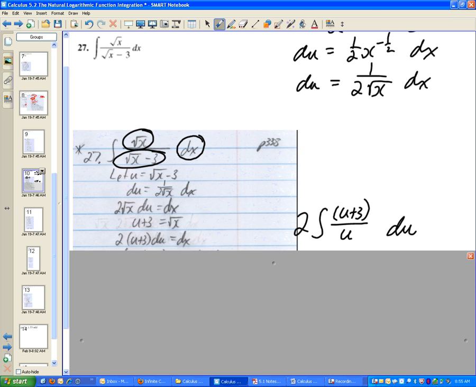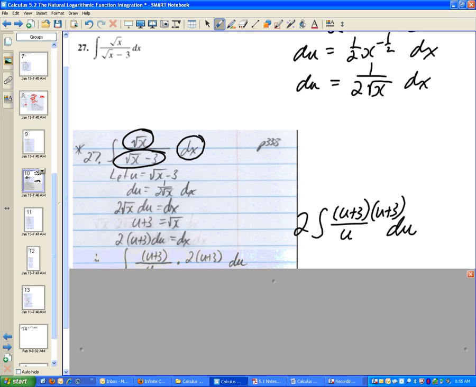All right, so now I got to replace that other square root of x with another u plus 3. Well, this looks interesting.